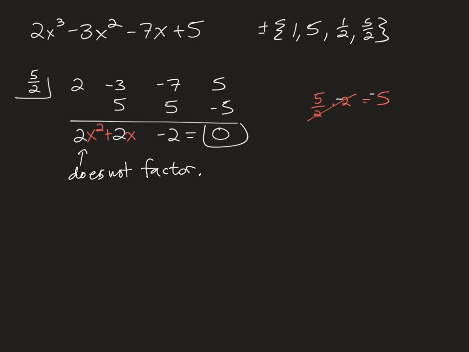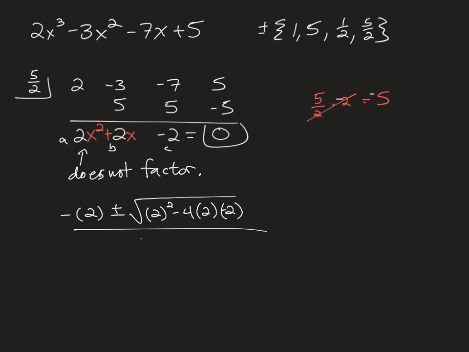Okay, so I know my a is 2, my b is 2, and my c is -2. So this is negative b plus or minus the square root of b squared minus 4 times a times c, that's a negative 2, all over 2 times a. It's a lot of 2's. This is what the potential zeros equal.